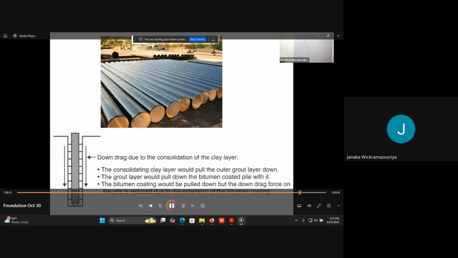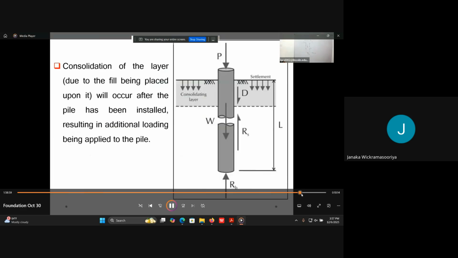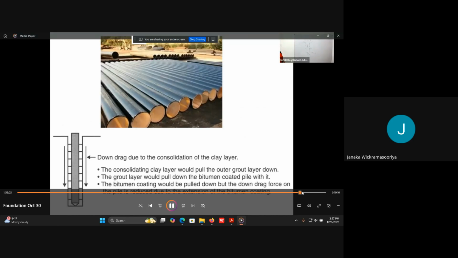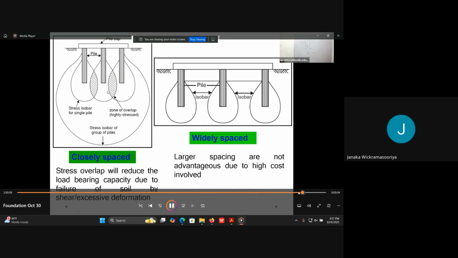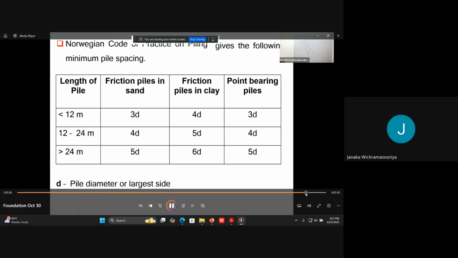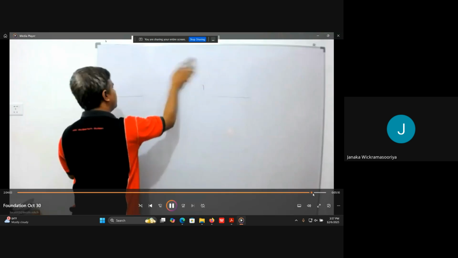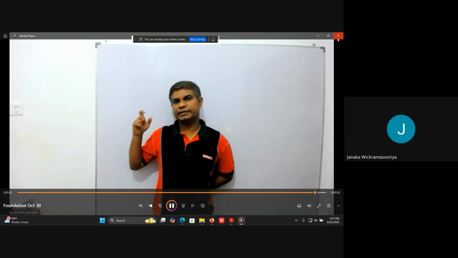You can apply some bitumen on the pile so that you can reduce the friction, or closely spaced piles can be added. So that is about the piles, just going through the sections.